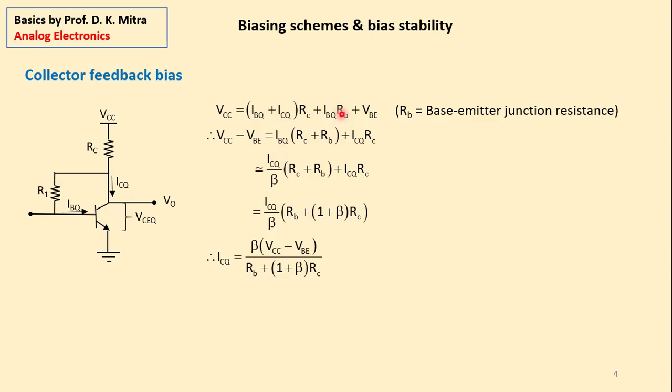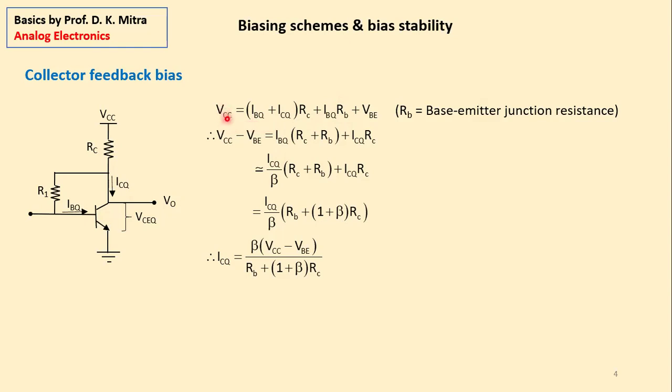You must have learned in your device class that there is a junction resistance as well as a junction potential. This junction resistance is RB. Normally for a PN junction diode, this resistance is of the order of 20 to 25 ohm. But this value RB is there.